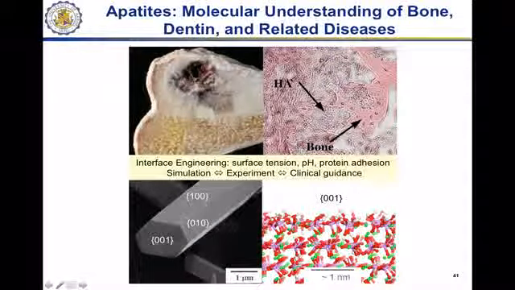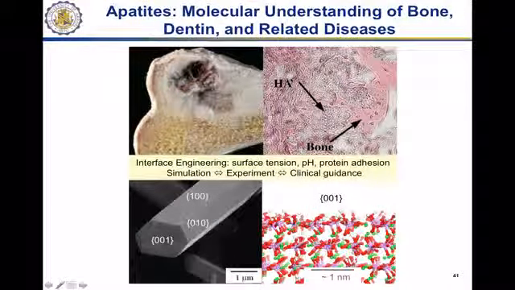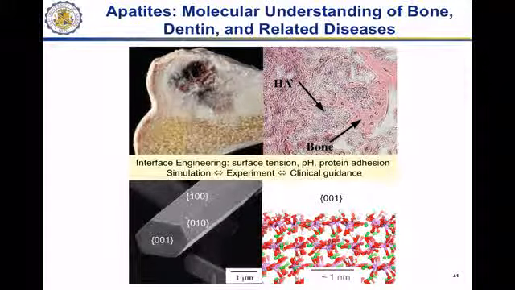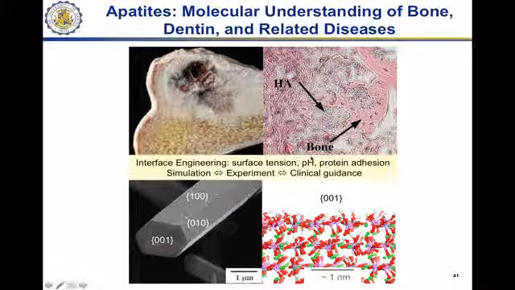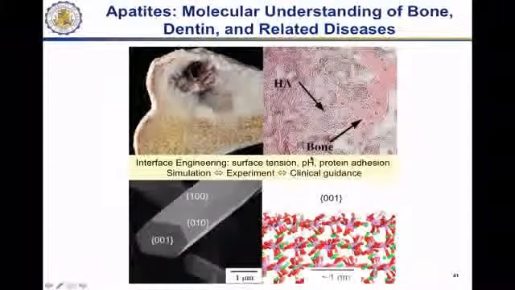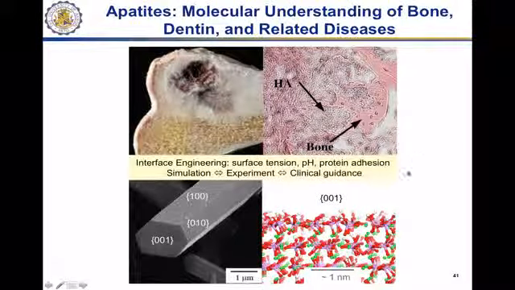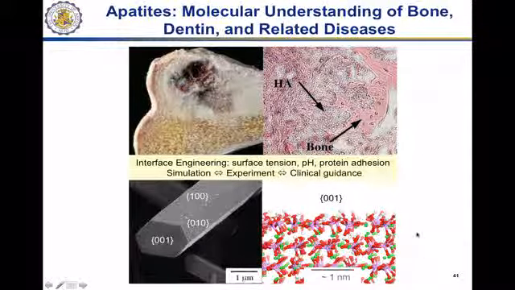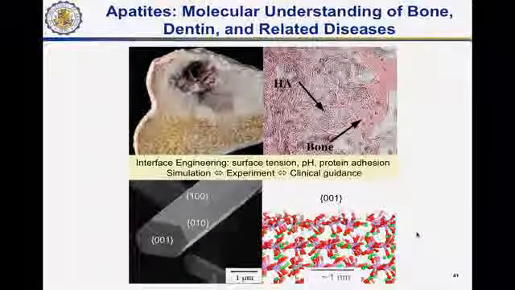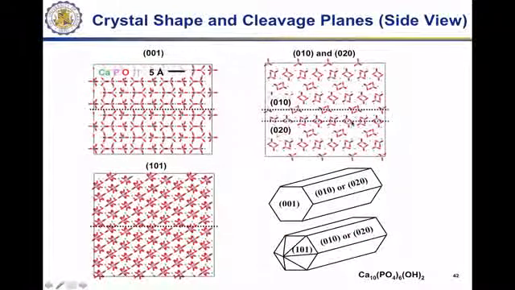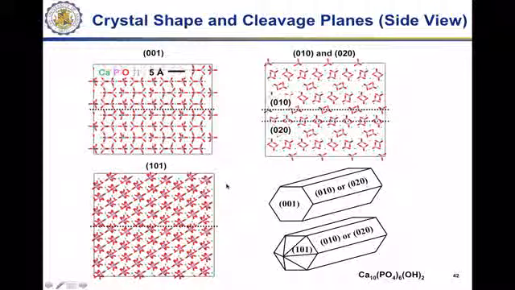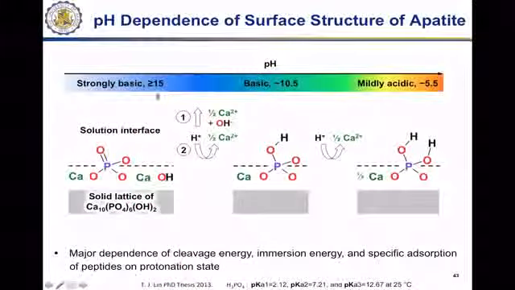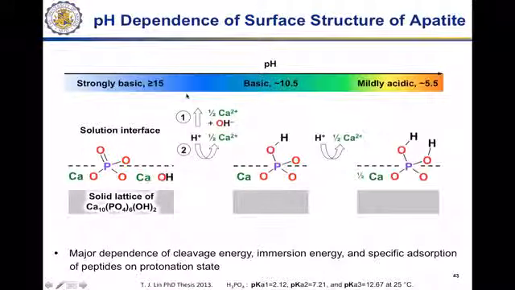Now, another area for applications can be apatites. They are really interesting in bone and teeth, and also for biological calcification, like in coronary artery disease or some other case like that. We came up with models for the apatite nanocrystals and the different cleavage planes. What matters exactly here is the dependence on pH.